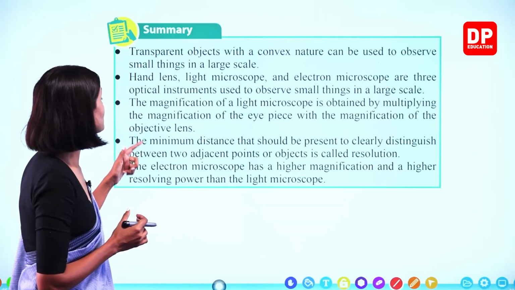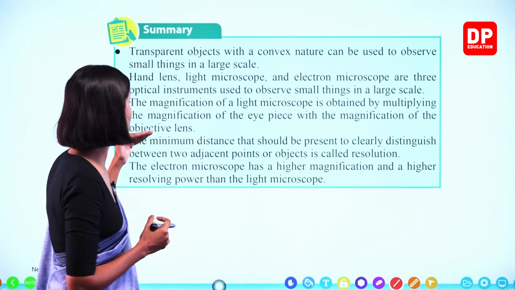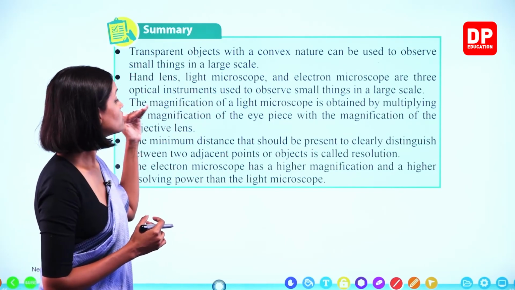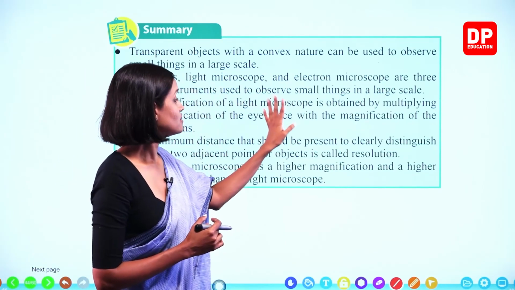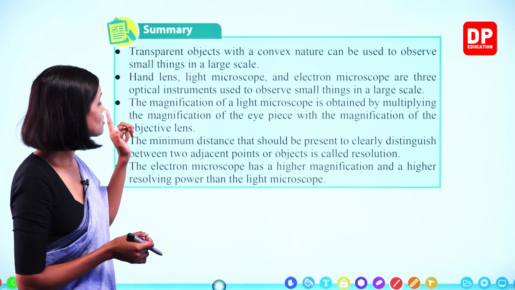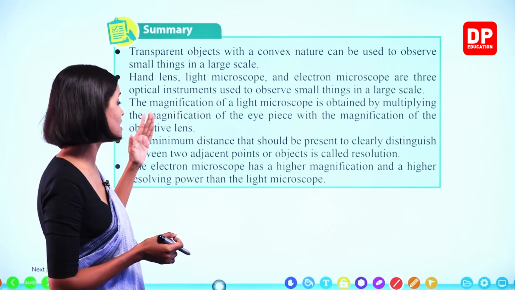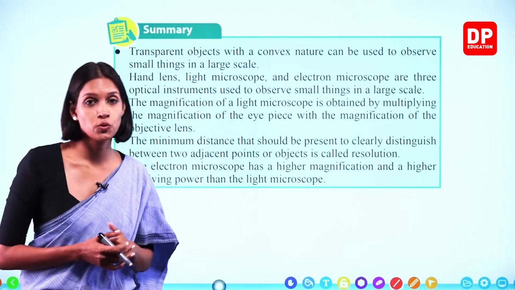The minimum distance that should be present to clearly distinguish between two adjacent points or objects is called resolution or resolving power. The electron microscope has a higher magnification and a higher resolving power than the light microscope.